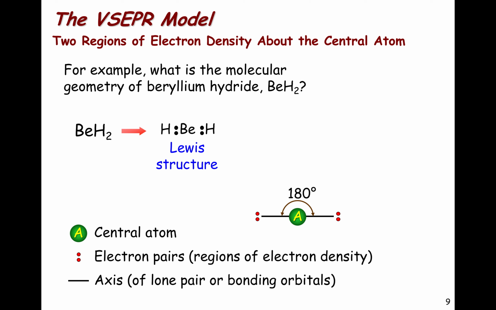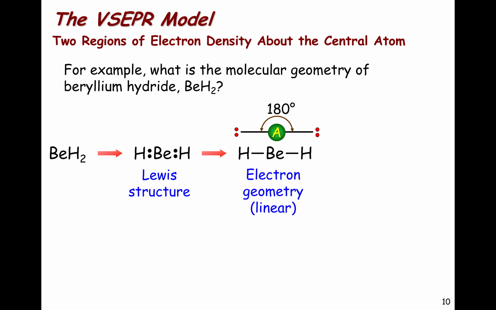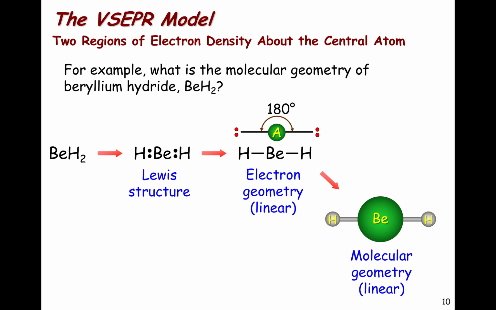And so hence this corresponds to the linear structure as shown here, in which there's a 180 degree angle between the 2 bonding electron regions. In the case of that geometry, we then have to recognize that those 2 pairs of electrons correspond to the bonds to the hydrogen atoms. And so in this case the molecular geometry corresponds to a molecular geometry that we would call linear.